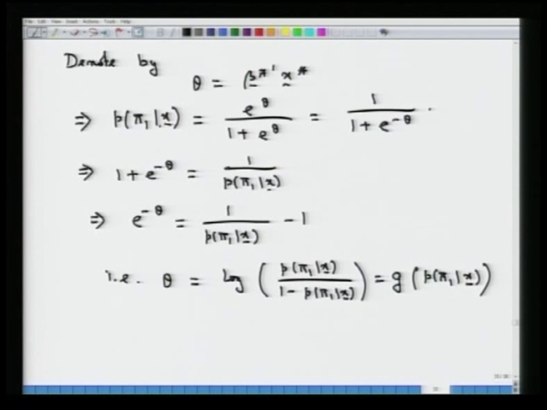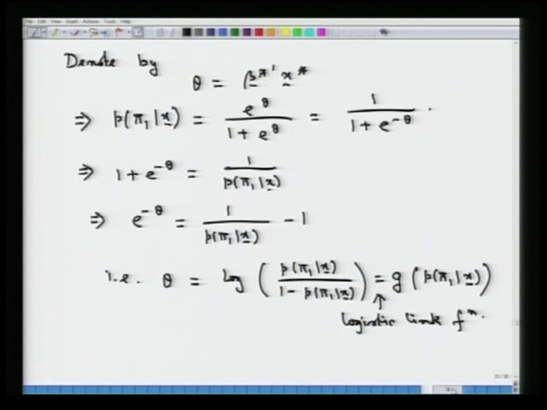Since we have got this functional form in terms of this log odds ratio, and p pi 1 given x is of this logistic function, we have the name that we are linking theta with p pi 1 given x, the posterior probability of pi 1 given x, through a logistic link function. So, this is the logistic link function, and hence we get the name logistic discrimination.